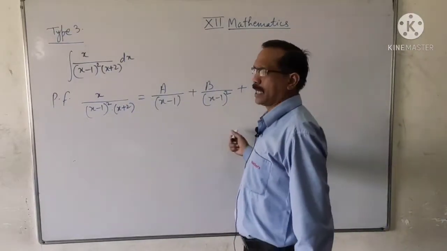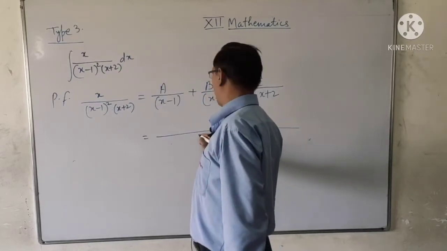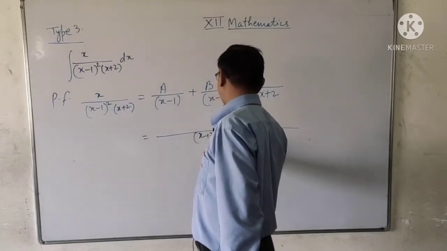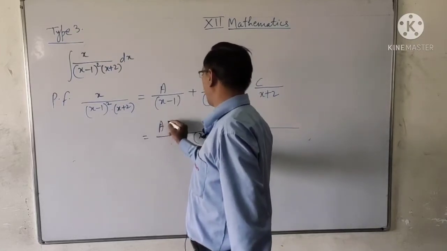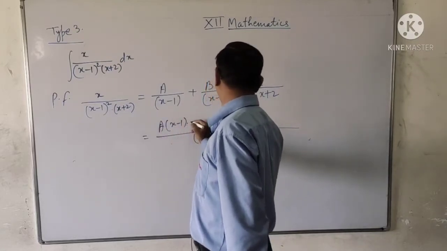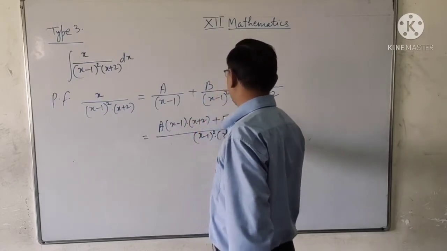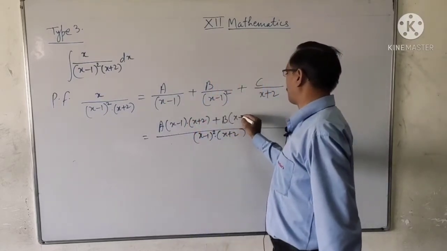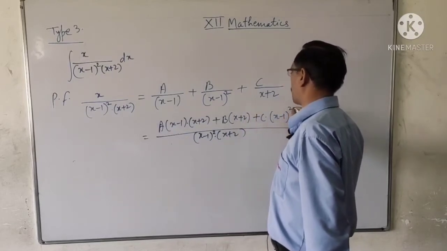Now we will take the LCM. Its LCM is (x minus 1) whole square into (x plus 2). Then it is A into (x minus 1) into (x plus 2) plus B into (x plus 2) plus C into (x minus 1) whole square.